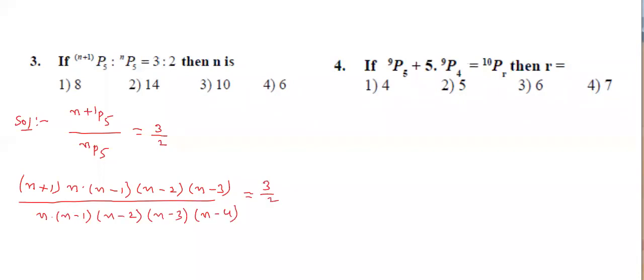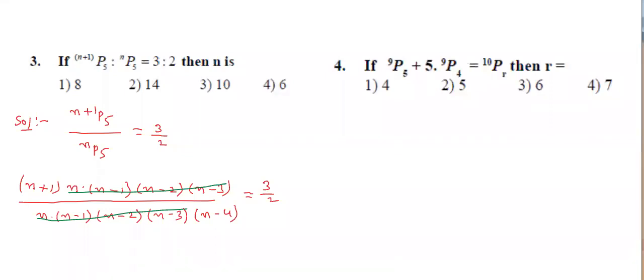That is equal to 3/2. Okay. So which terms are going to cancel? n, n minus 1, n minus 2, n minus 3 are going to cancel. Remaining, observe that.